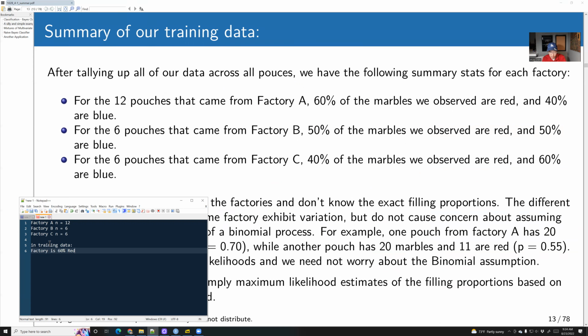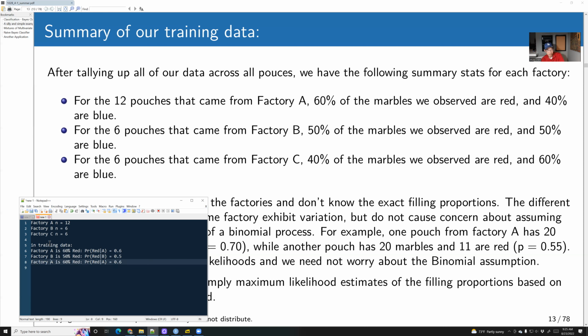That is to say, probability of red given factory A. So I'm going to just say red given A is equal to 60%. Then we look at all of the bags coming from factory B, and we get 50% of the marbles in factory B are red.